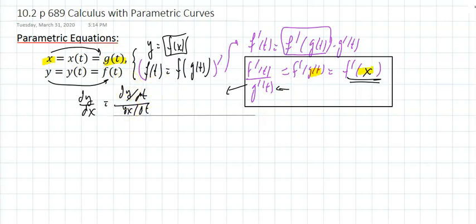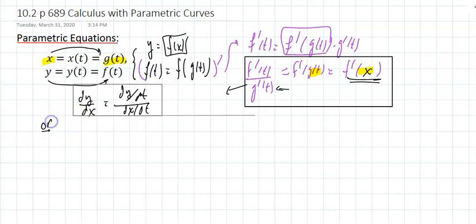And there it is. So this is one way of applying this quickly. Here we go.